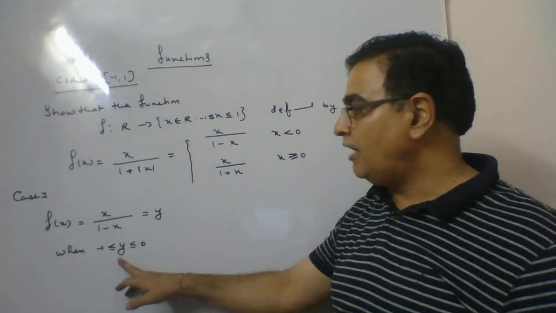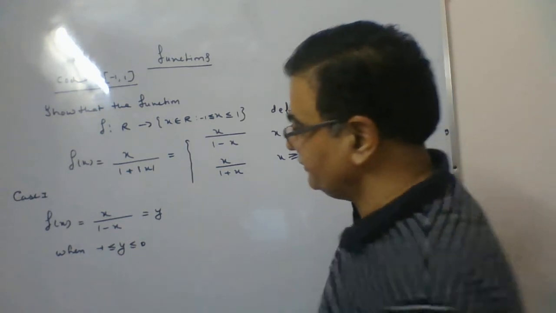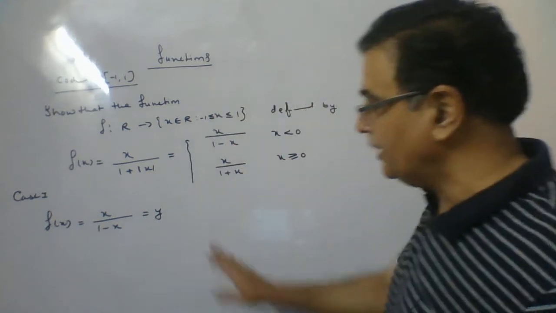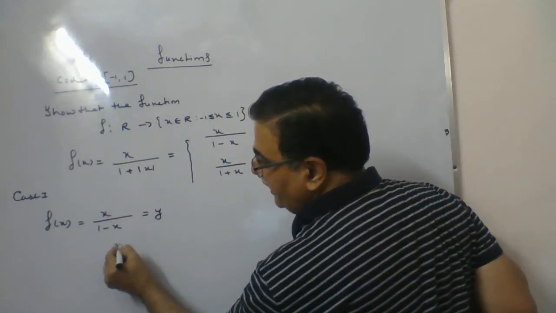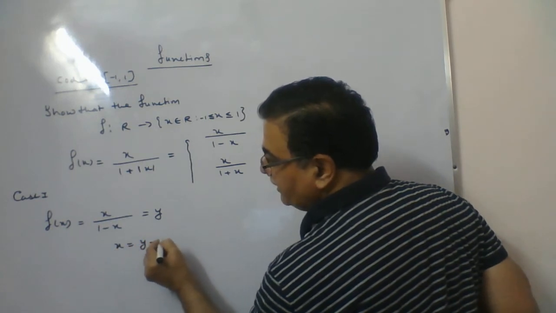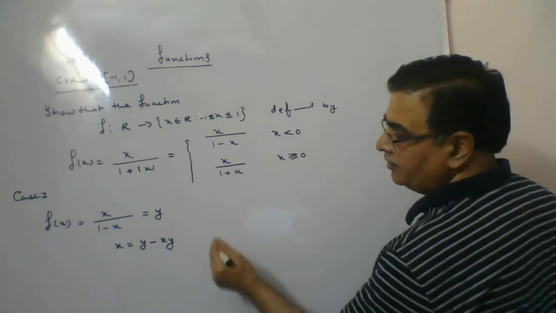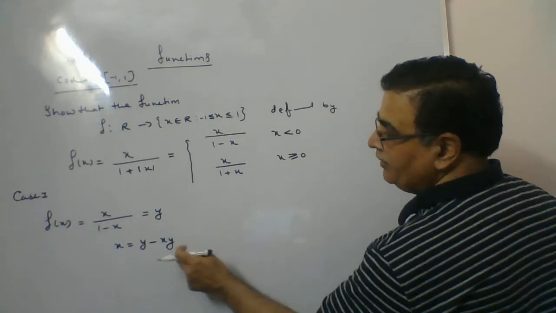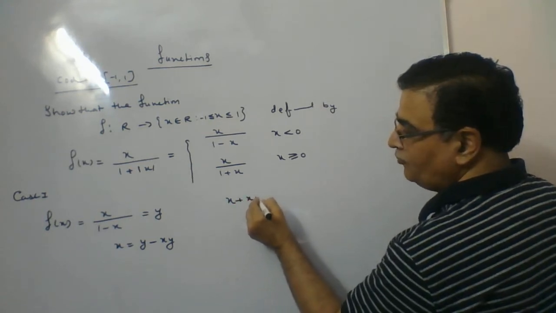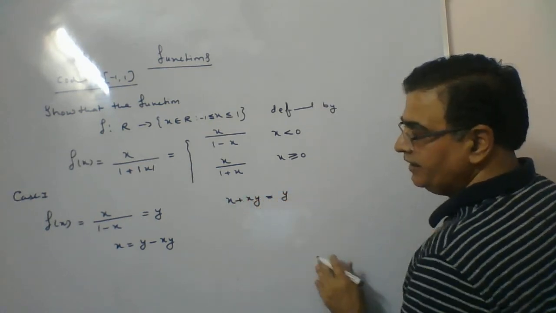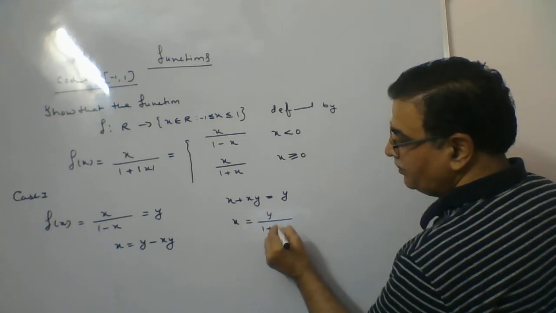When you have y between -1 and 0, or you do it the other way, if you feel that is comfortable, you do that way. y is here, then we'll go this way. It will come x equals y minus xy first. Then we'll take x on one side, so x plus xy will be simply y, or I should say x will be y by 1 plus y.